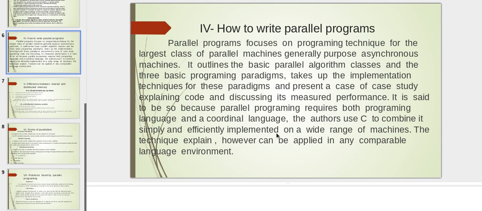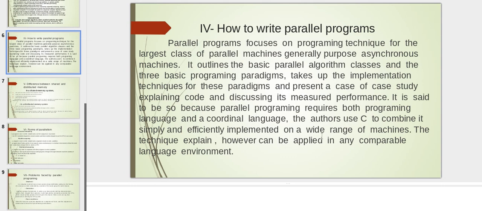So here we're just trying to focus on the main points, the main reasons for writing parallel programs. It is said to be so because parallel programming requires both a programming language and a cardinal language.